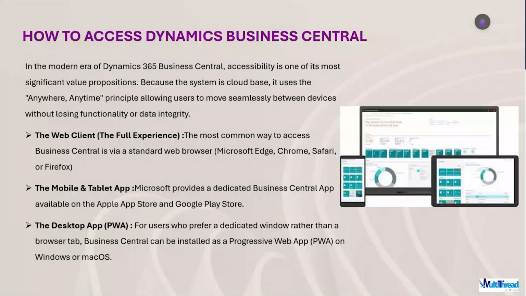And you can also have the desktop app, where you install the application on your desktop or machine. So these are the various ways in which you can access Dynamics. Dynamics is cloud-based, so with just internet, a browser, or a mobile phone, you can easily access Dynamics from everywhere.